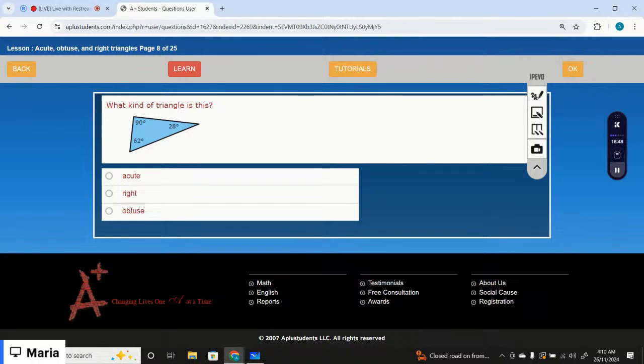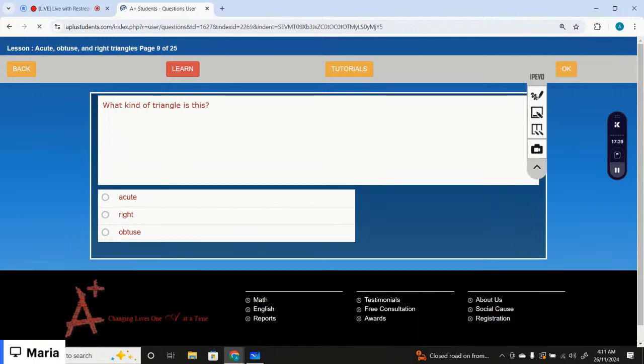What kind of triangle is this? Which is the correct option? Right angle triangle it is, because one of the angles measures exactly 90 degrees. What kind of triangle is this?